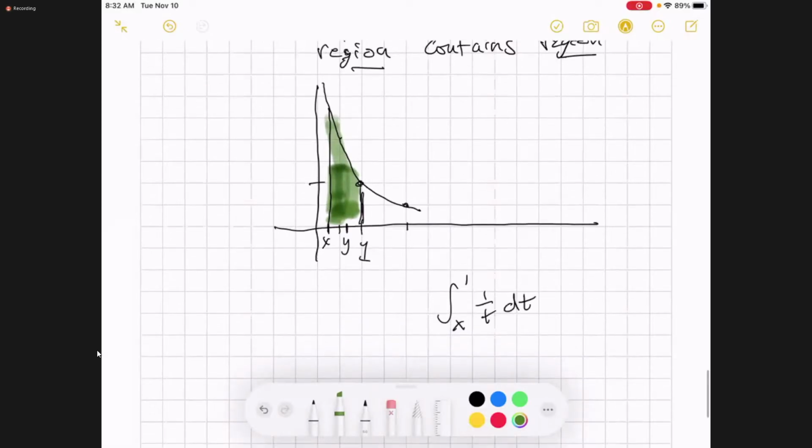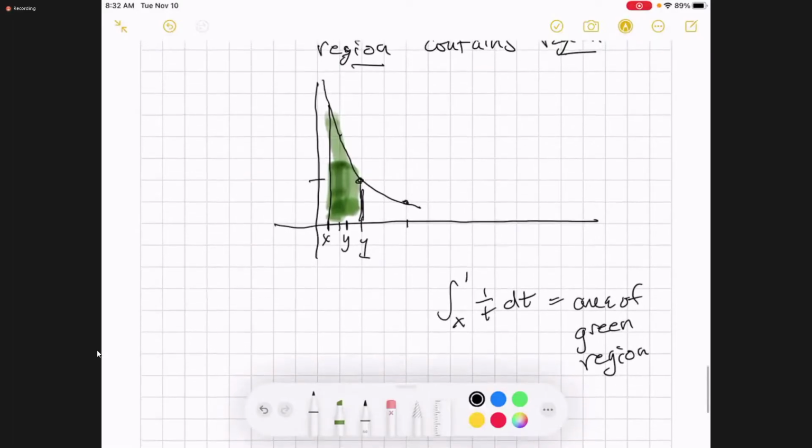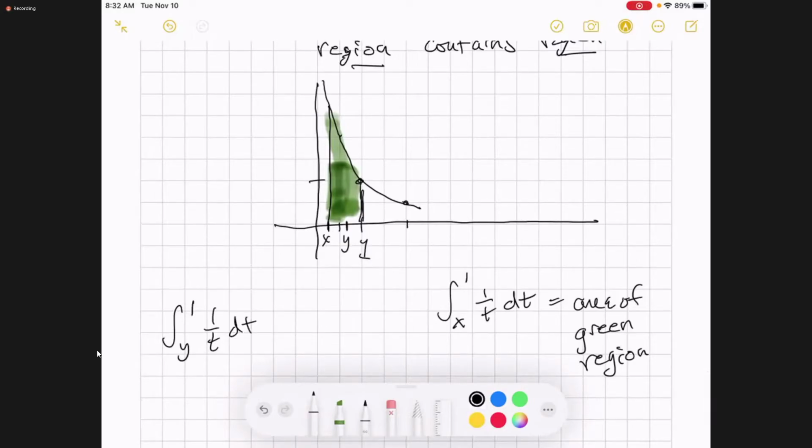Okay, so that is the area of the green region. And then the integral from y to 1 of 1 over t dt. Well, that's a smaller region, right? There's y, and then the integral from y to 1 would be that area right there. So that's the black region. That's equal to the area of the black region.